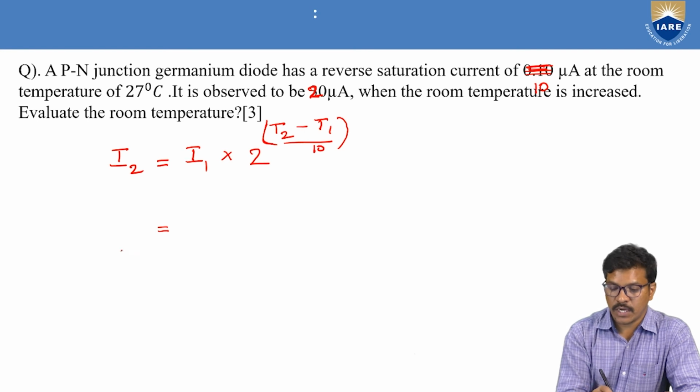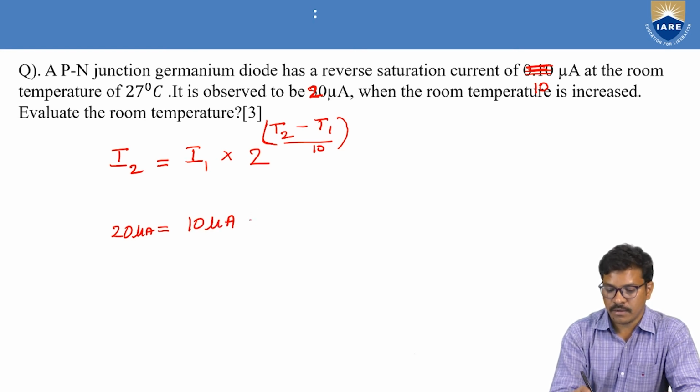So I2 is equal to 20 microampere, I1 is equal to 10 microampere, 2 power T2 minus T1, with T1 equal to 27 degrees, divided by 10.